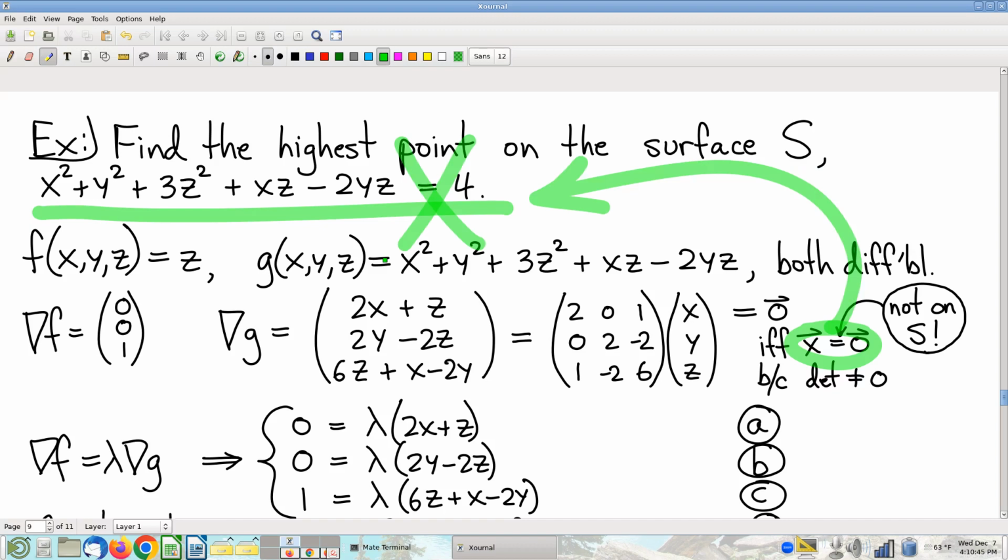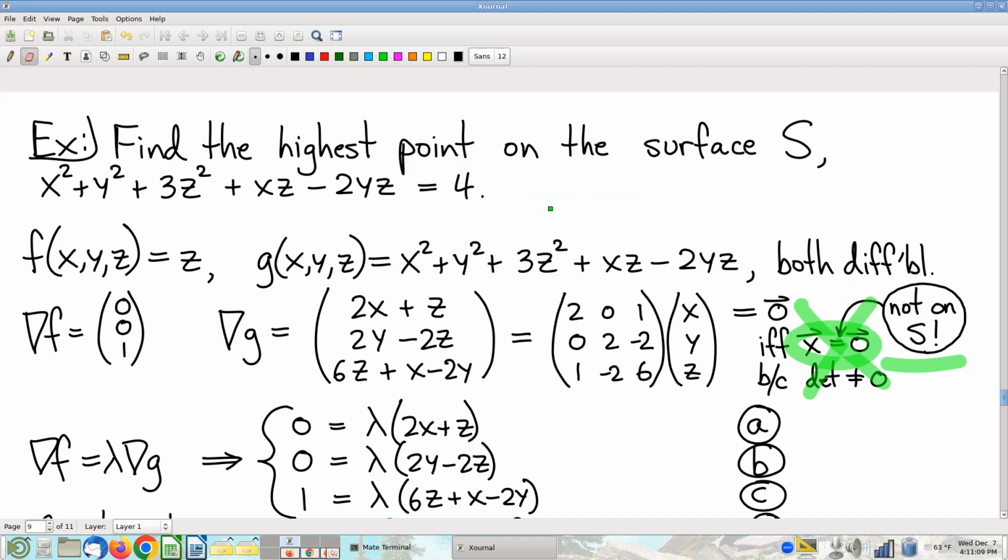So we were looking on our surface for a certain equation to happen, and we found a solution way over here. It's not on our surface, and I'm only interested in points that are on our actual surface, so we throw away this x equals 0 because it's not on the surface. Is that cool? So again, still no critical points yet.